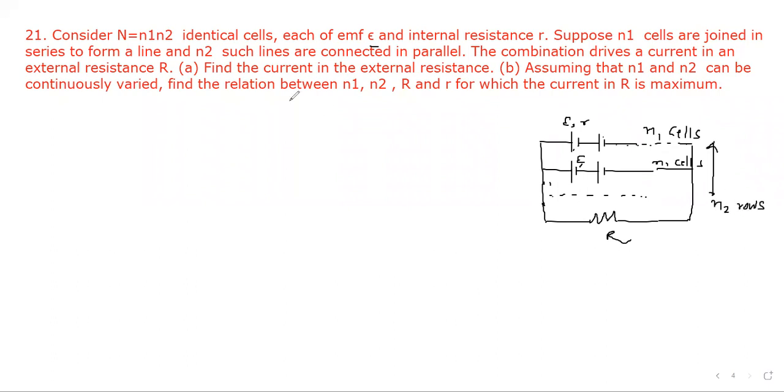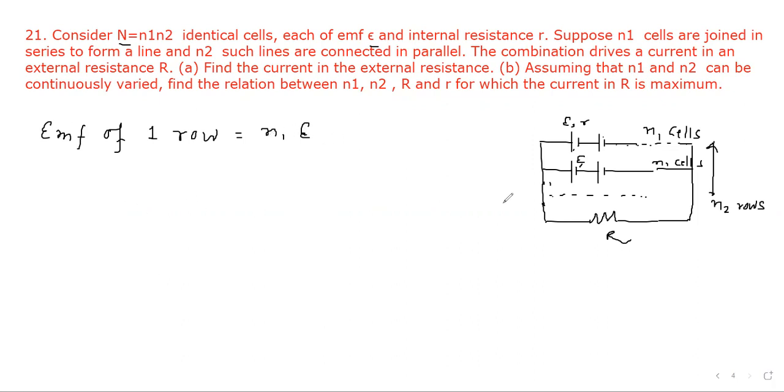So we can say the total number of cells will be capital N, and that will be the product of N1 into N2. Now we have to take into consideration the EMF of only one row. So the EMF of one row will be N1 times epsilon.